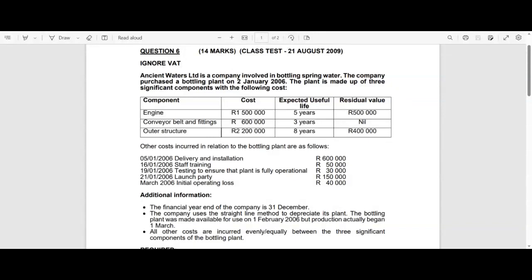Now this one is a little bit more tricky, but let us work through it. Let us reason through it. If we are still testing, this is our first kind of question here. If we are still testing that bottling plant, do you think it is ready for use? Yes or no?